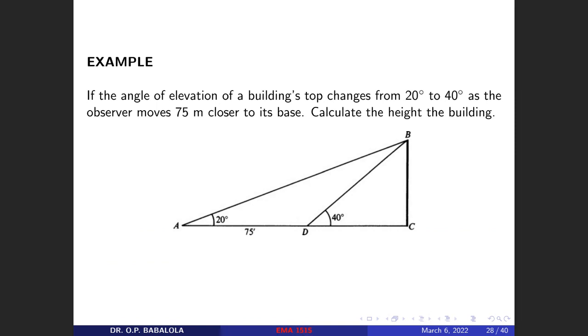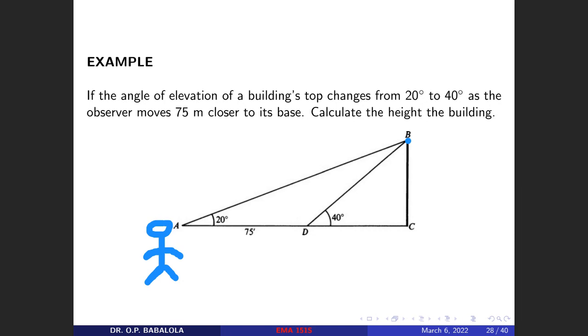So let's consider this other example. If the angle of elevation of a building's top changes from 20 degrees to 40 degrees, let's say you're standing here initially and you look up Table Mountain, which is B, that's the peak, and you make an angle of elevation of 20 degrees to the top.